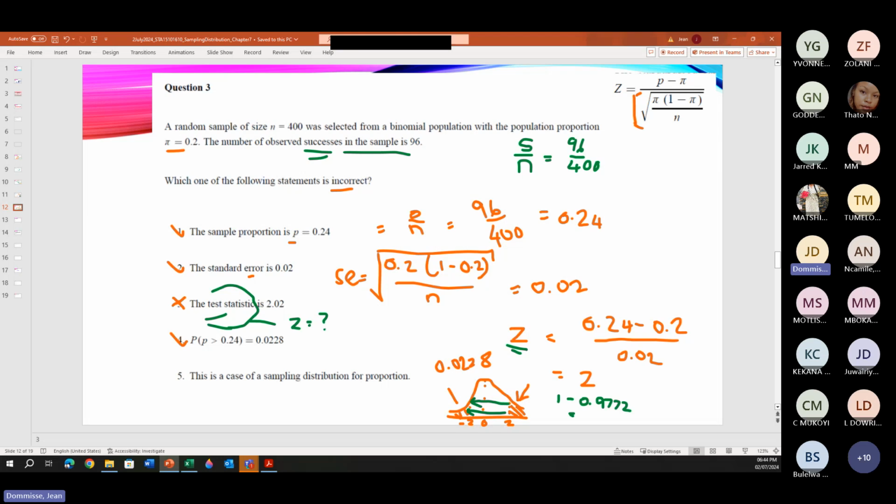Okay, so they could have just said to us, work out the Z, but you guys will see in the later study units, especially in 9 and 10, where we need to make a decision with hypothesis testing, there we will bring in another Z value that you're going to test against always. So this one that we get from all the information, we call the test statistic. Okay. But it is actually a Z.